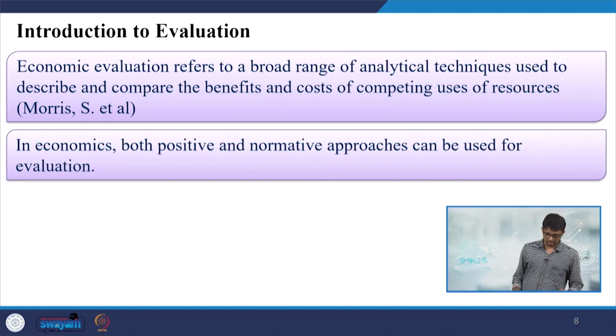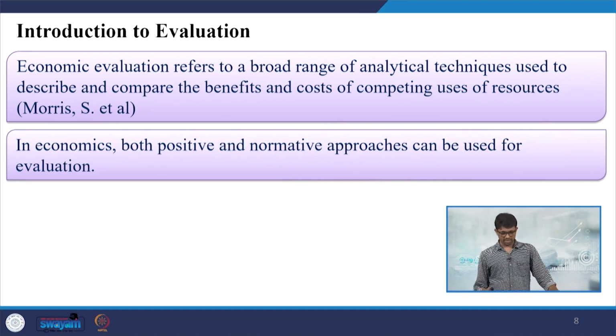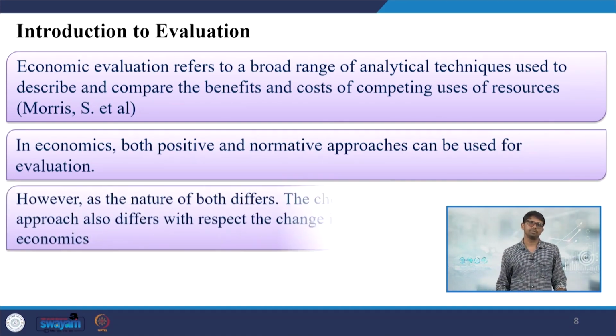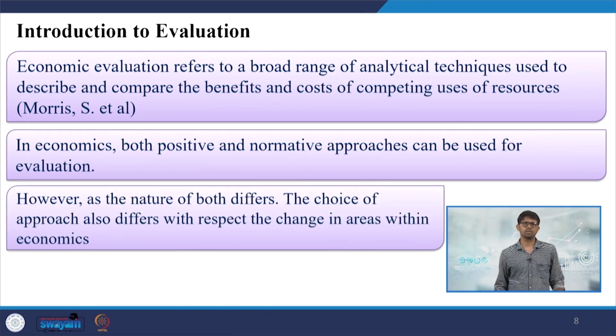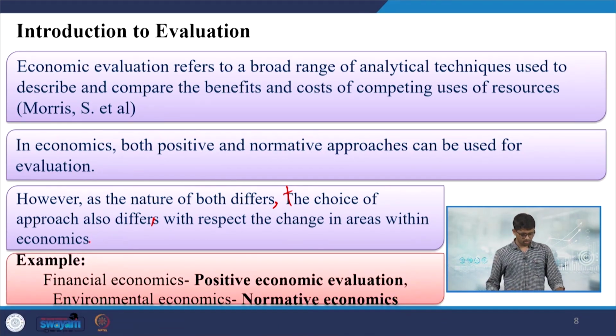In economics, both positive and normative approaches can be used for evaluation. However, as the nature of both differs, the choice of approaches also differs with respect to the area within economics. For example, in the context of financial economics, we usually take the help of positive economic evaluation.